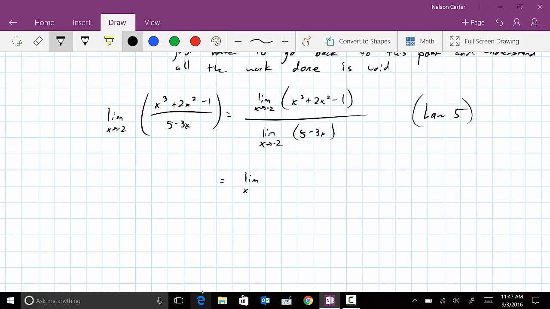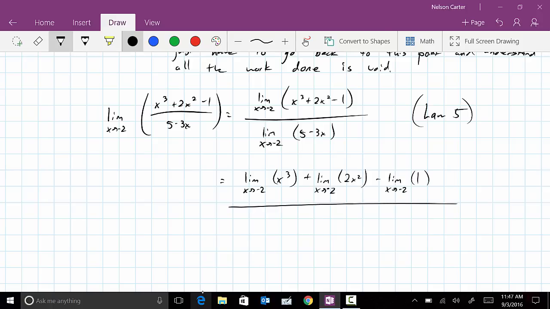So we have the limit as x approaches -2. Now we can use that sum and difference rule, and we've got the limit as x approaches -2 of x cubed plus the limit as x approaches -2 of 2x squared minus the limit as x approaches -2 of 1.